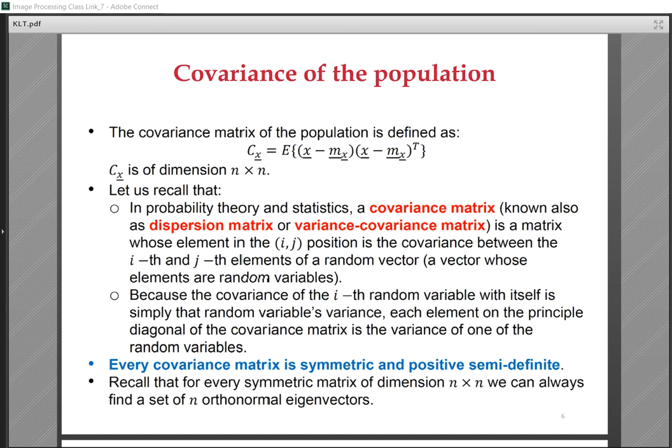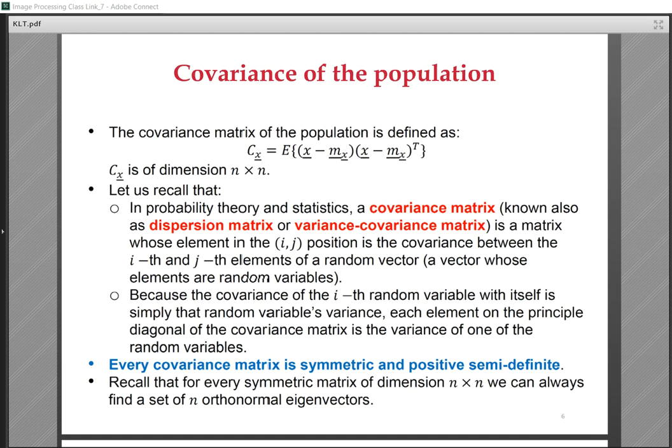That's right, because the covariance of the ith random variable with itself is simply that random variable's variance. Each element of the principal diagonal of the covariance matrix is the variance of one of the random variables. That means over the principal diagonal we have variance.